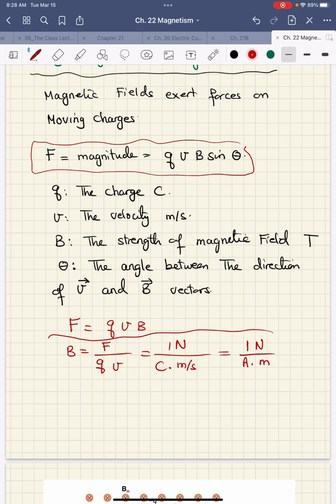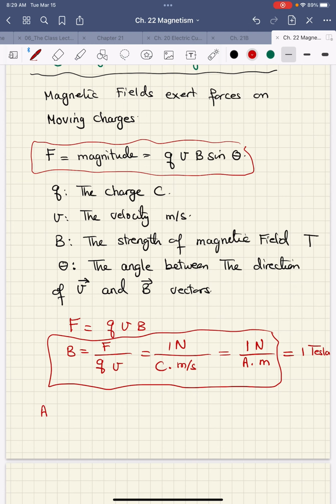This is the derivation of 1 Tesla, T. This is really important. The Tesla is a little bit large, and therefore we can use a smaller unit, which is the old unit. We call it Gauss. And 1 G is 10 to the minus 4 Tesla.